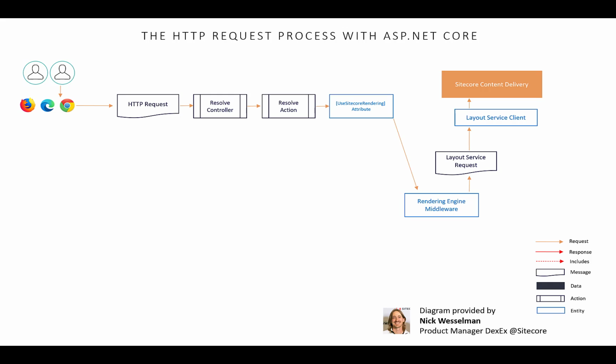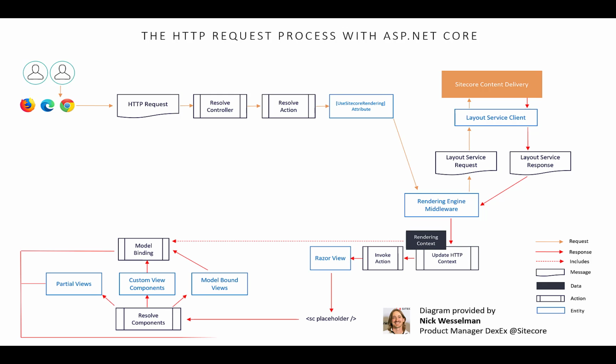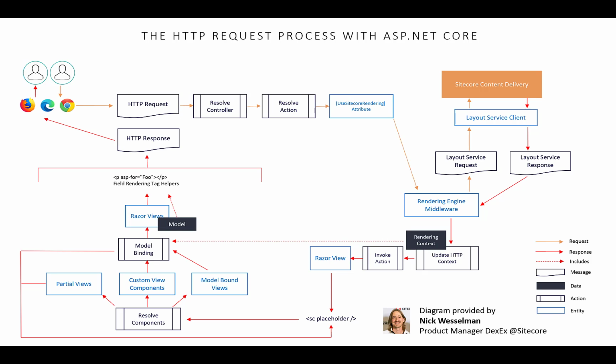The response is then returned to the rendering host HTTP context, and the controller action is invoked, which then renders the view. The root placeholders are then rendered using the tag helpers, and models are then bound to views, and tag helpers in those views are used to render the fields from the model. The final response is then returned back to the user.